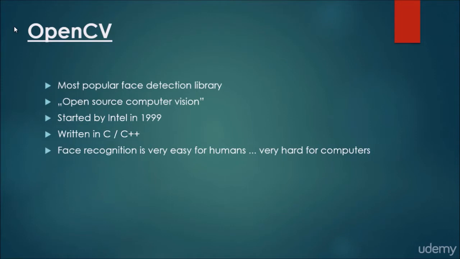Because computers, instead of the images, are going to transform the image into a matrix of numbers. So we have an image, and it is going to be converted to numerical data. And we have to make some algorithms on these numerical data in order to be able to make good predictions. And this is why it's very hard for computers.